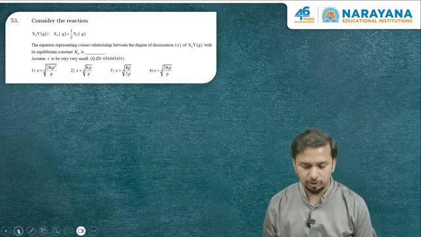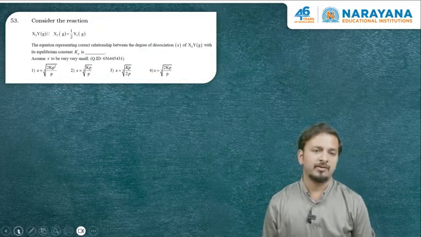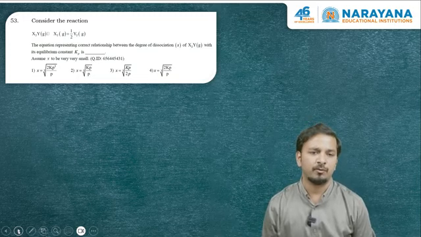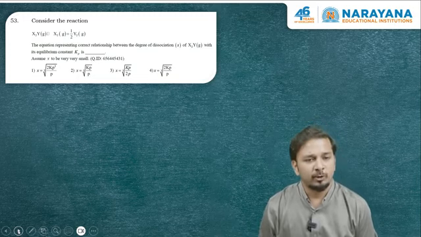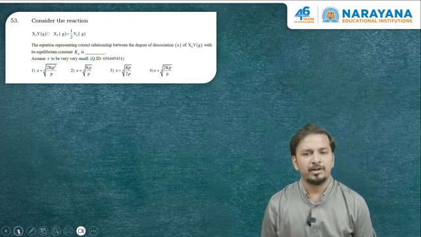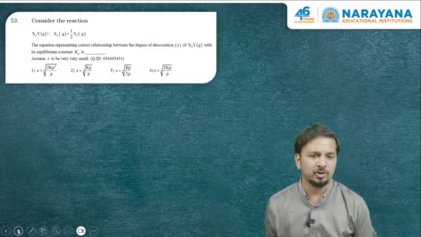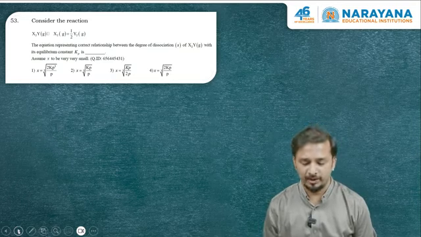Moving to next question. Question 53 is they have given a reaction X2Y gas is giving us X2 gas plus half Y2 gas. The equation representing correct relationship between the degree of dissociation X of X2Y with its equilibrium constant Kp is, and we have to assume X to be very small, which is our degree of dissociation.